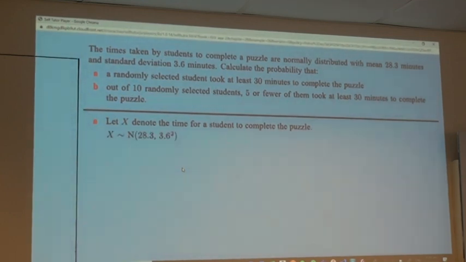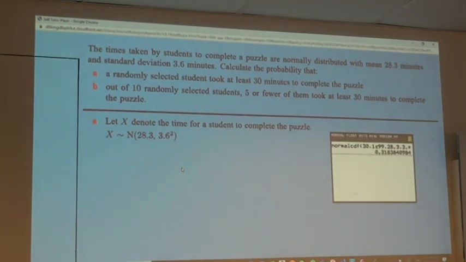X is normally distributed with mean 28.3 minutes and standard deviation 3.6 minutes. 30 minutes is not a whole number of standard deviations from the mean, so we use technology to calculate the probability. We set the lower bound to 30 and the upper bound to be as large as we can. The probability is about 0.318.